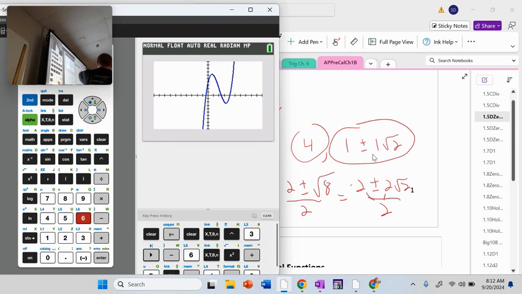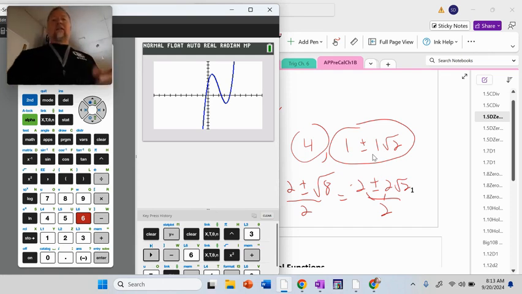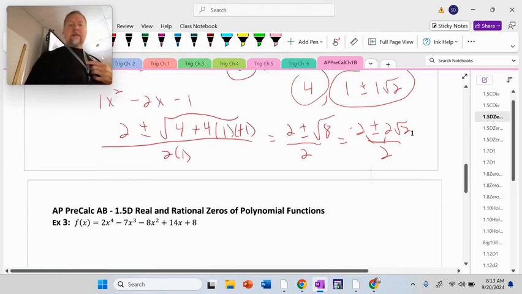If I type 1 plus root 2 and press enter on my calculator, I get 2 point something. And 1 minus root 2, I get negative point something between 0 and negative 1. Those actually are x-intercepts. That may happen in the future when you have to do such a thing.